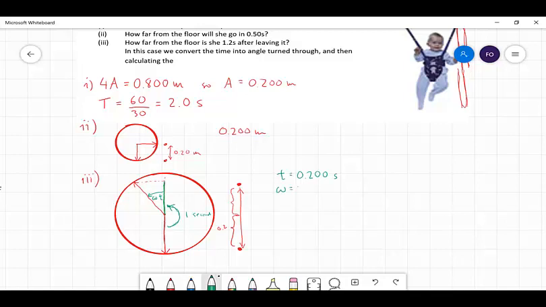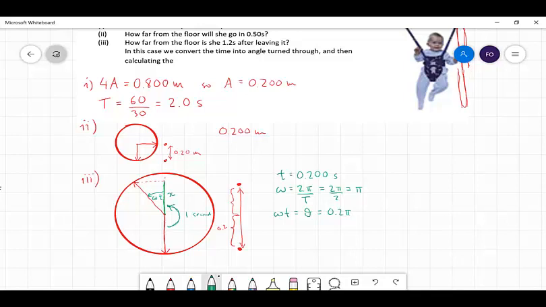Omega is 2 pi over T, which is 2 pi over 2, which is just pi. And so the angle omega t, which is equal to our little angle here, I'll call it theta, is going to be equal to 0.2 pi.